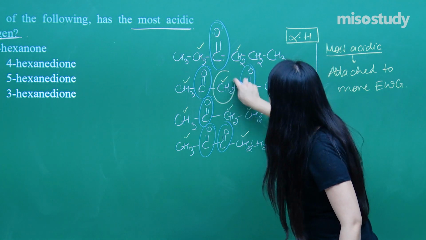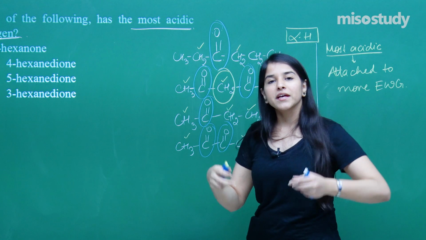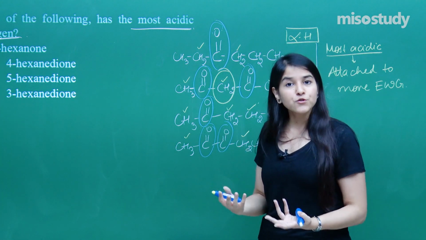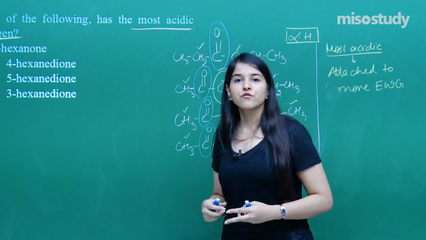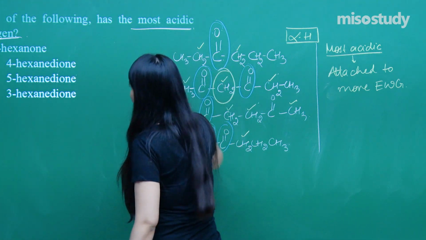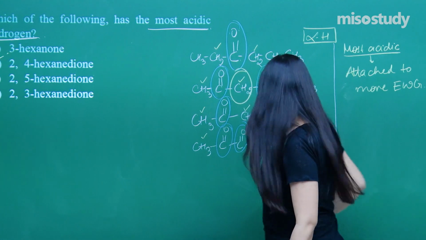This one will be the most acidic because it has been attached with two withdrawing groups, making it more labile and making it go off more easily. That is what an acidic hydrogen is: it goes off in the form of a proton very easily. So the answer is the second option. I hope that is clear to you.